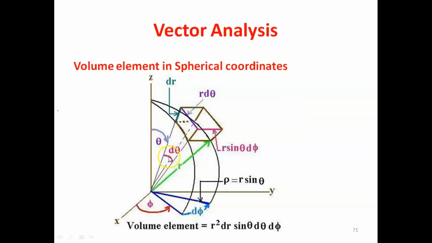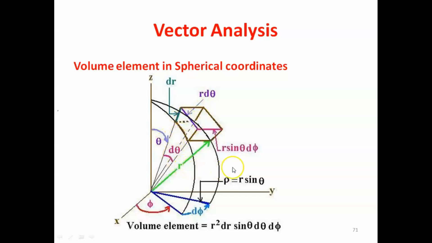If you consider d theta variation from two cones theta equal to theta 1 and theta equal to theta 2, then if r is the distance from the center, this arc length r d theta is appearing here and another part is appearing here, r d theta. r sin theta d phi is this length at higher radius, and r sin theta d phi is another arc length at lower radius, and dr variation is this one which is appearing at 4 locations.